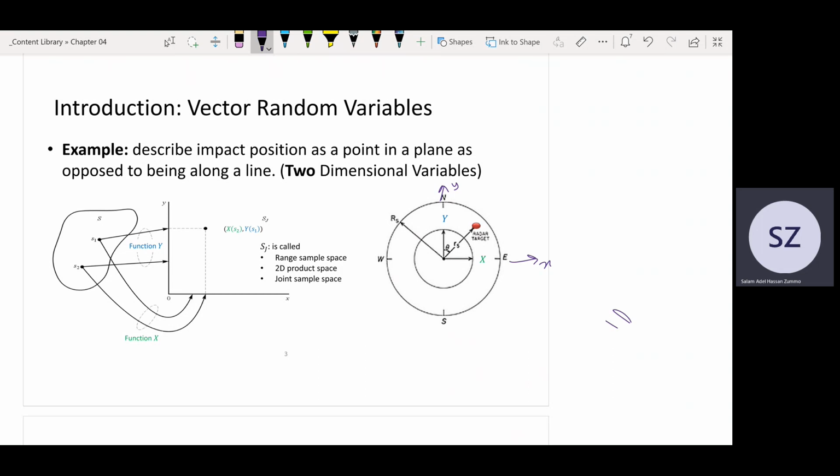It will be random. So first of all, we need two random variables to describe the location of the bullet. And we need to know how to describe these two random variables at the same time.